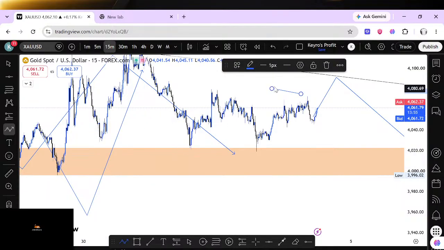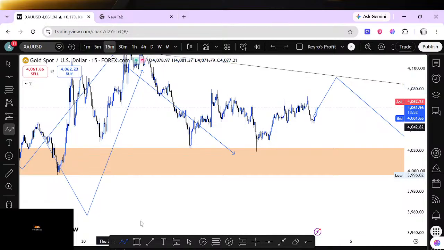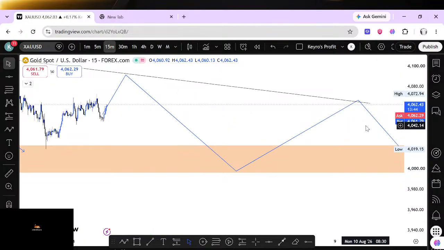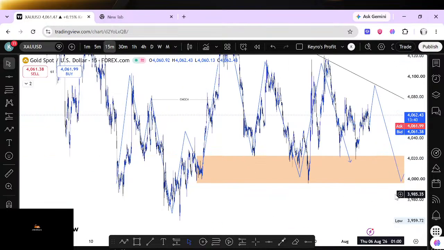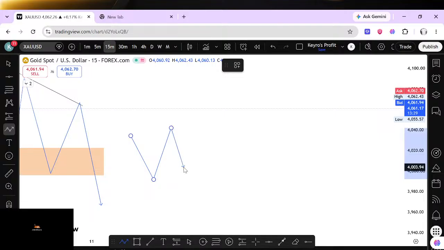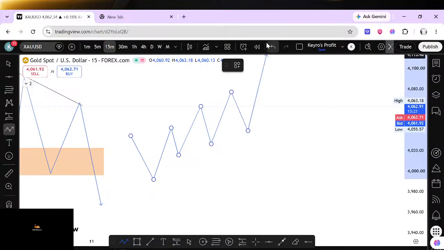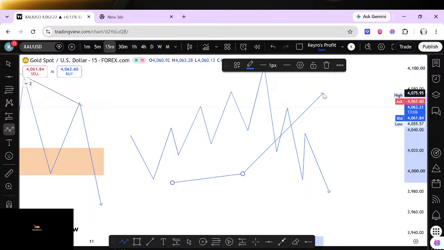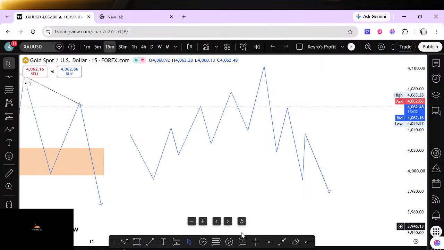All right, now let me illustrate it. Now, where is our support here and where is our resistance here?